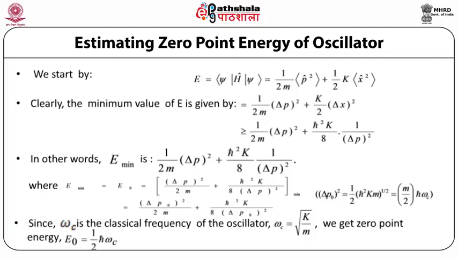Further, delta p naught square is equal to 1 by 2 times h cross square times k times m to the power half, and this is equal to m by 2 times h cross omega c, where omega c is the classical frequency of the harmonic oscillator, given by omega c equal to the square root of k by m, where k is the force constant and m is the mass, and using that substitution we get the zero point energy as E naught equal to half h cross omega c.